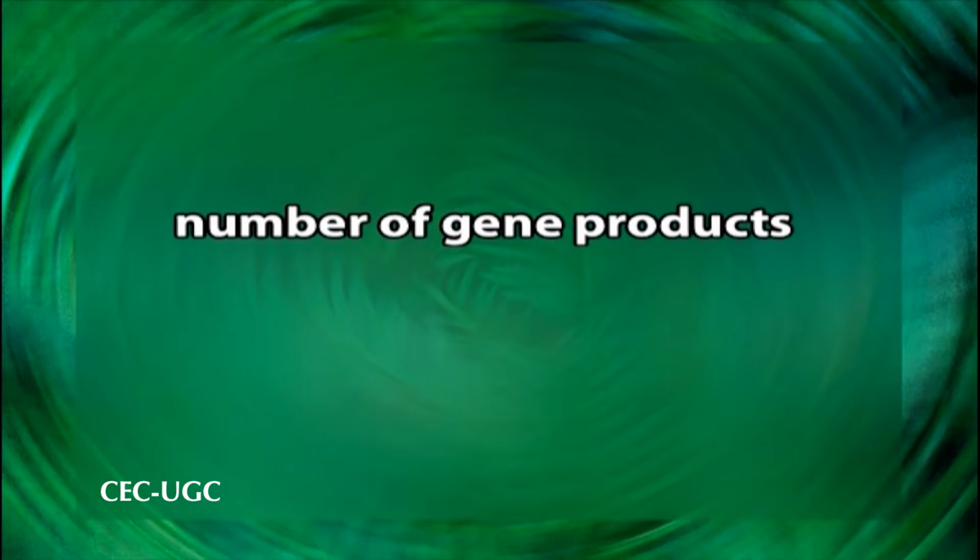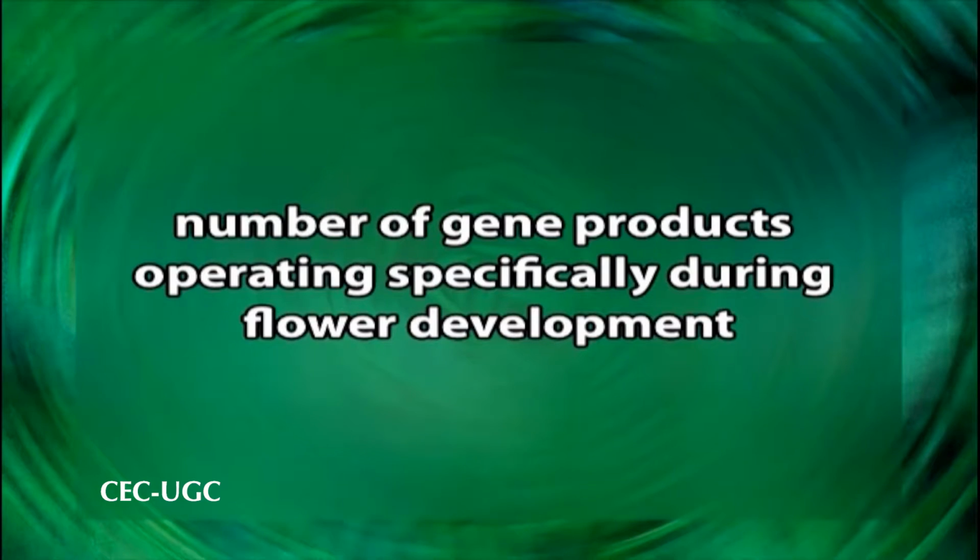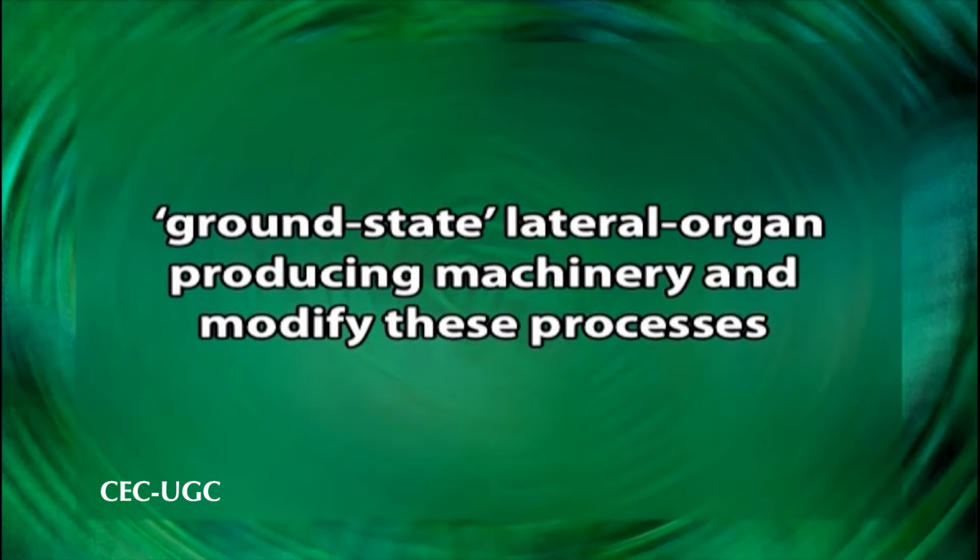Nonetheless, it is also clear that there are a number of gene products operating specifically during flower development. In many cases, these products interfere with the ground state lateral organ producing machinery and modify these processes to give rise to floral tissues.